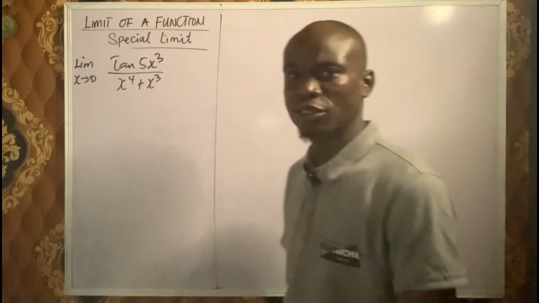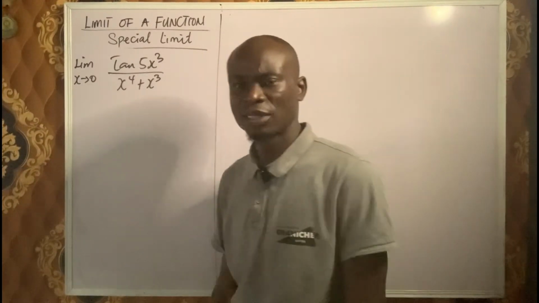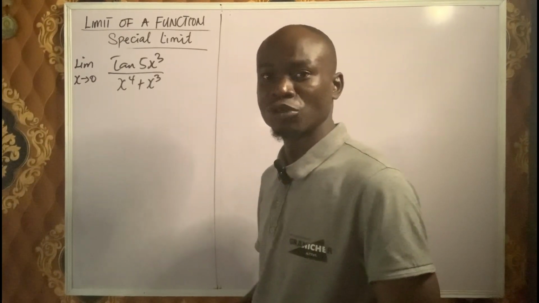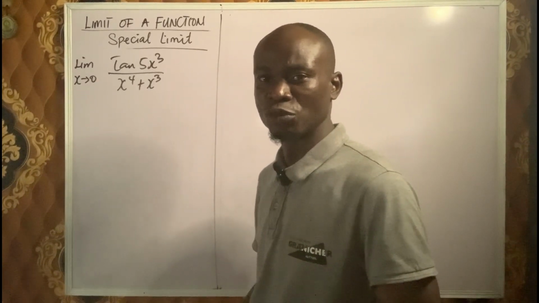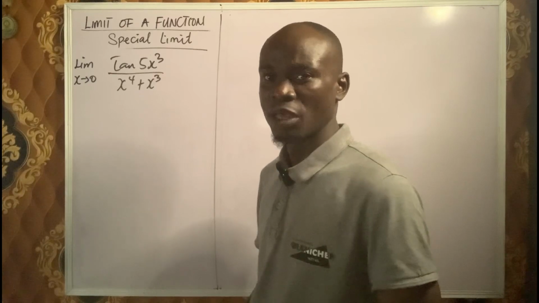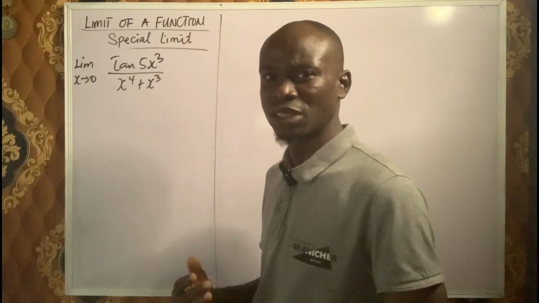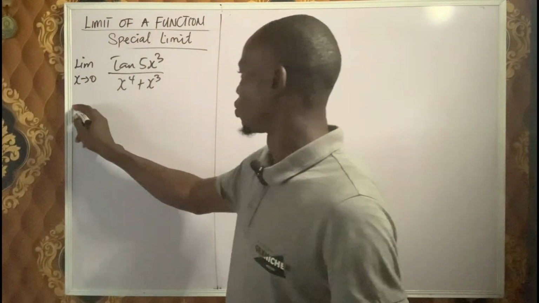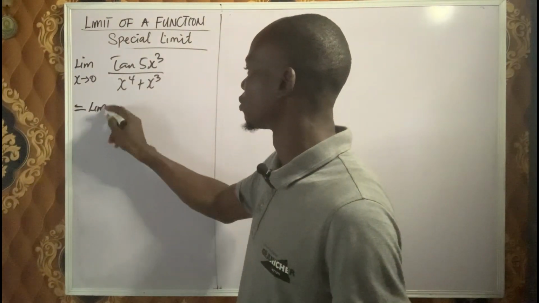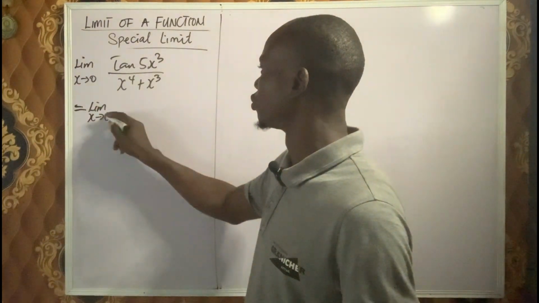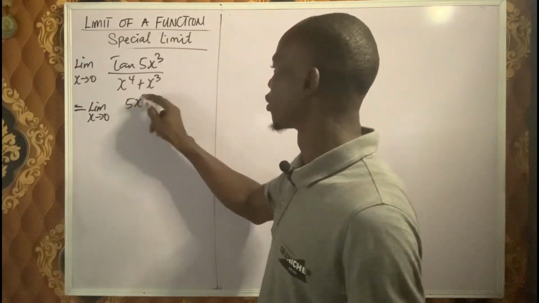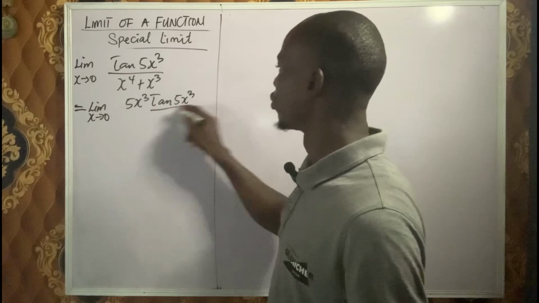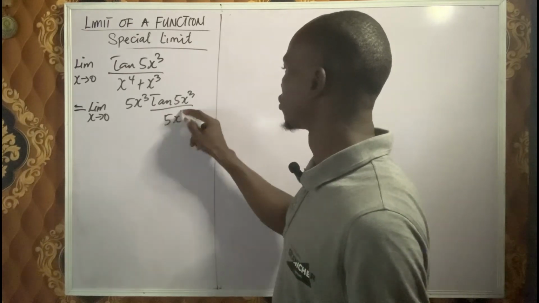Okay, this time I decided to take an example that involved tan. I told you tan and sine are treated exactly the same way. If you look at the question, it's similar to one of the questions we solved with sine. So what we need to do is to make tan a special limit and factorize the denominator. If we do that, we are going to have limit as x tends to 0, 5x cubed tan 5x cubed over 5x cubed.